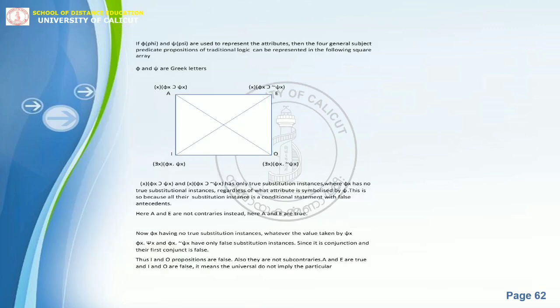So using the Greek letters phi and psi, we represent the attributes. Then the four general subject-predicate propositions of traditional logic can be represented in the following square array as depicted here.